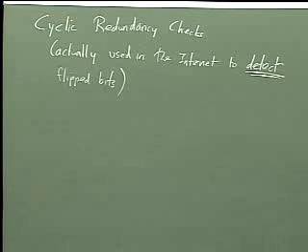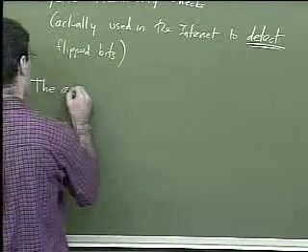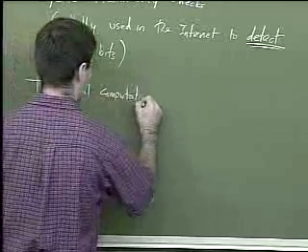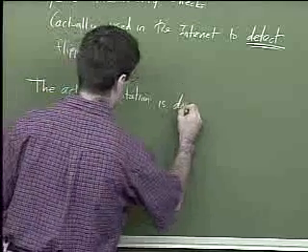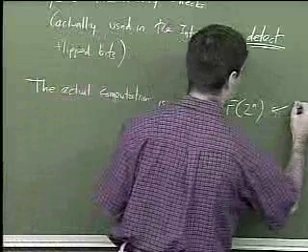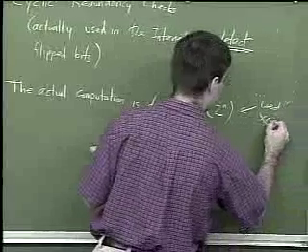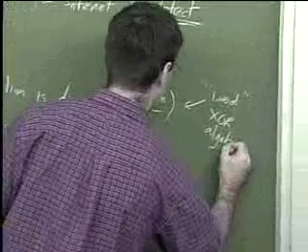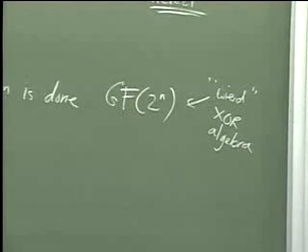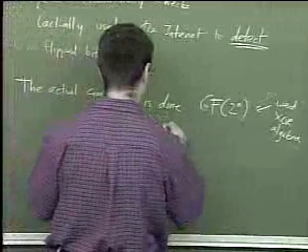So let me first explain the idea to you. The actual computation is done in what's called Galois field 2 to the n. There's some weird exclusive OR algebra, but I don't want to get too into that. It's easier for a computer, but a little bit harder for intuition.